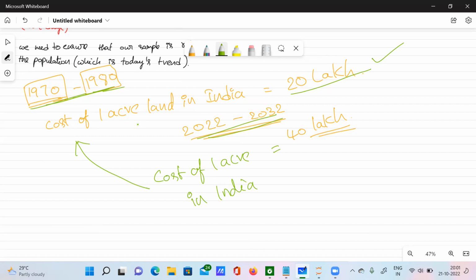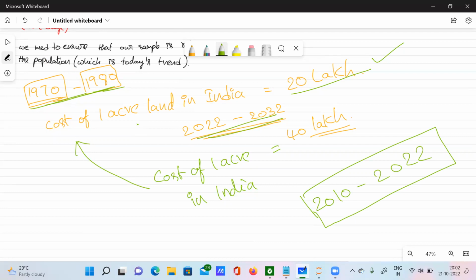If you want to predict the cost of 1 acre of land in India during the period 2022 to 2023, at least you need to have data from 2010 to 2022. This would be the perfect period for your data. But here, you have data from 1970 to 1980, which is not reliable with today's trend.